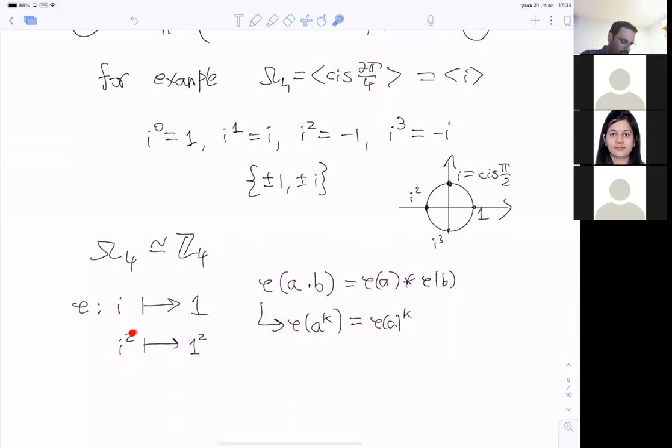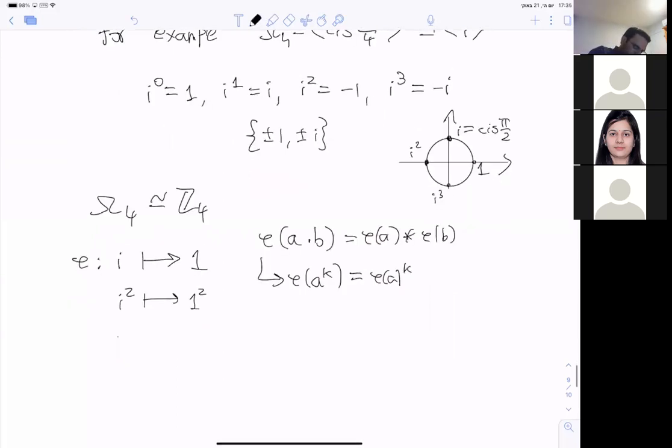So i squared goes to 1 squared because this is the phi of i squared. So this is the phi of 1 squared. And by the way, this is 2 and this is 3. And what is 1 to the power of 4? 0.